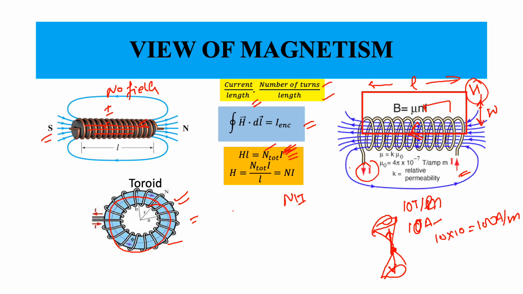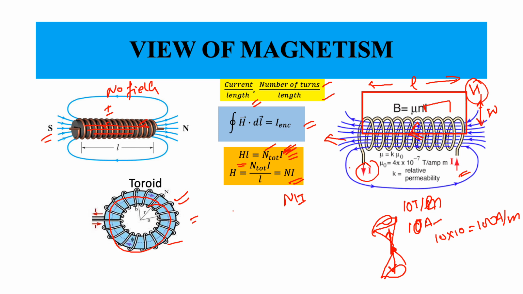So there will be one field, which would be H, and the length of that one is L, giving H into L. This would be equal to the total current enclosed, and therefore the magnetic field H, which would be along the axis of the solenoid, will be given by the total number of turns in that loop times I by L. So you can talk in terms of total current or turns per length, and then say N into I.